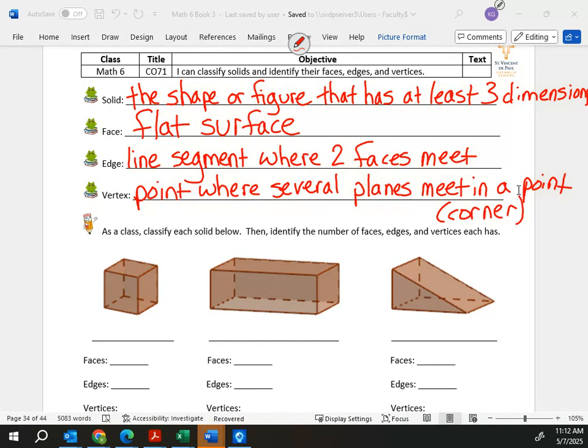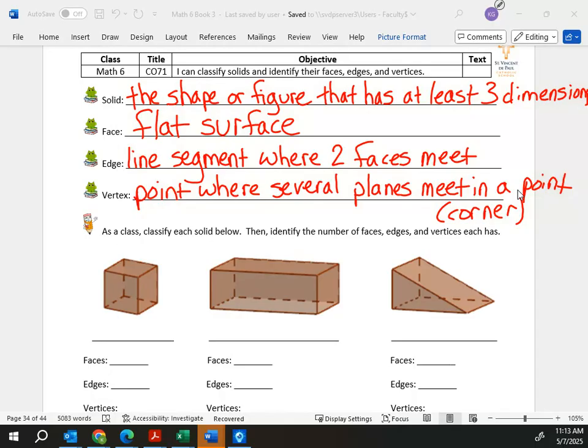Basically, it is the corners. So we've got our different planes meeting. These 3 planes are all meeting right into this point. Right? So those different faces all meet into each other. That corner is our point. That is our vertex. So those points are the vertexes, the corners.